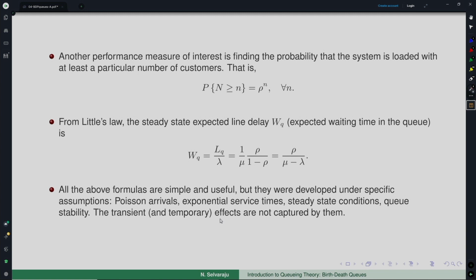By that what we mean is, suppose you are looking at an airport and there is some kind of weather not good for flights to land at that particular point of time. Temporarily, you will see that rho less than 1 may not hold true. So, there will be some congestion in the queue, the system, right. Those things are not captured by the equilibrium analysis, because the arrival rate and service rate will get changed. That is only temporary though, but still one cannot handle that.